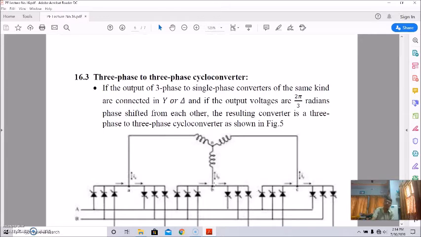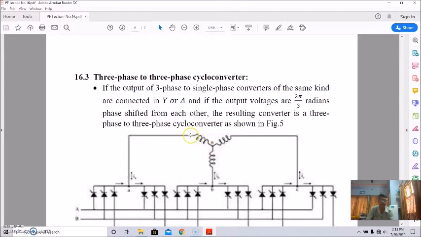Now we'll discuss the 3-phase to 3-phase cycloconverter. Say the outputs of 3-phase to single-phase converters of the same kind are connected in star or delta, and the output voltages are 2 pi by 3 radians phase shifted. 2 pi by 3 means 120 degrees. So they are 120 degrees phase shifted from each other.